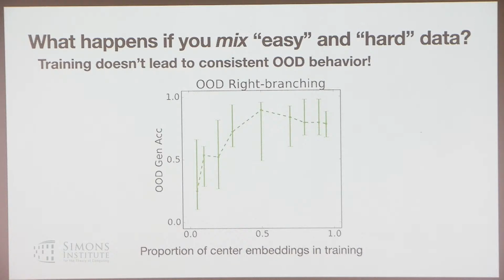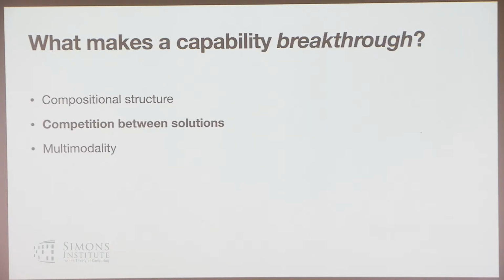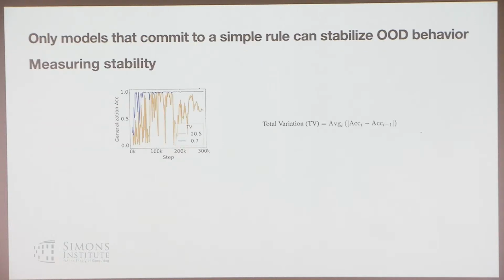The thing that I would want to highlight is that these mixes create competition, and specifically it's competition that you can see in the training dynamics of a model that's being trained on a mix of easier and harder data.